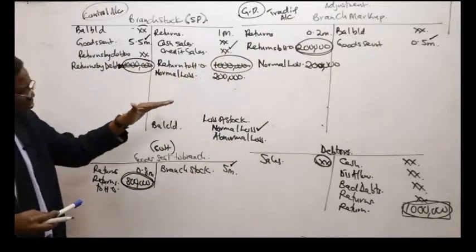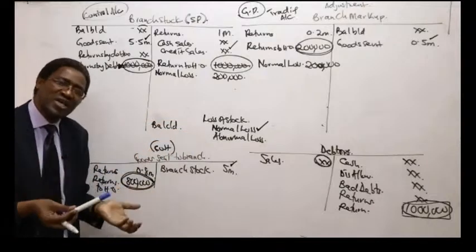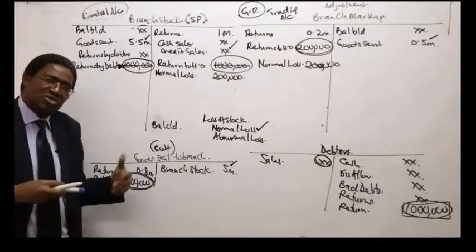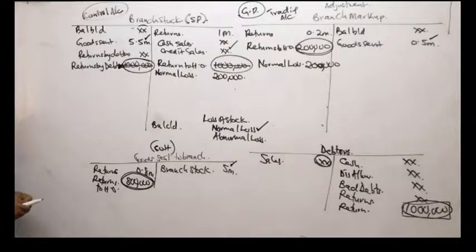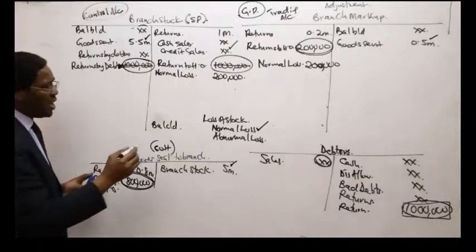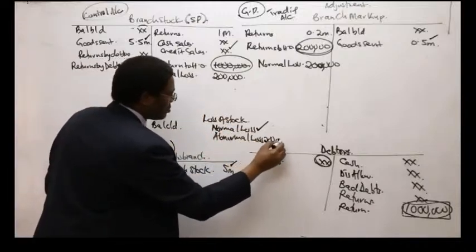But if it was an abnormal loss of stock, maybe goods are stolen at the branch, that's not normal. There was a stock theft at the branch, and therefore that's not normal. So whatever is the amount of the abnormal loss, for now, let us assume again is 200,000.